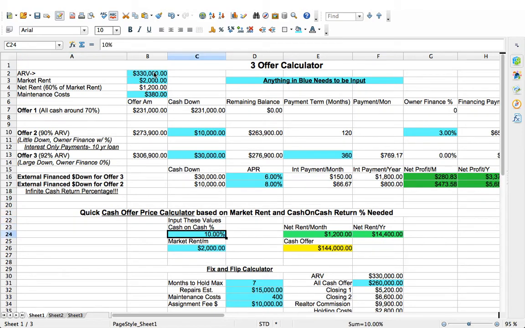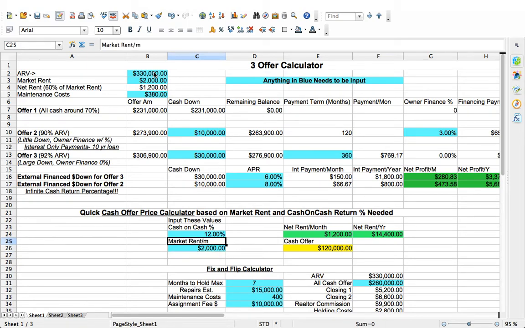So say you want to make 12%, that's a pretty high return. Market rent's $2,000. That's well over the 1% rule, almost into the 2% rule, which is 1% of the purchase price should be the market rent. So say $1,000 rent for a $100,000 property.